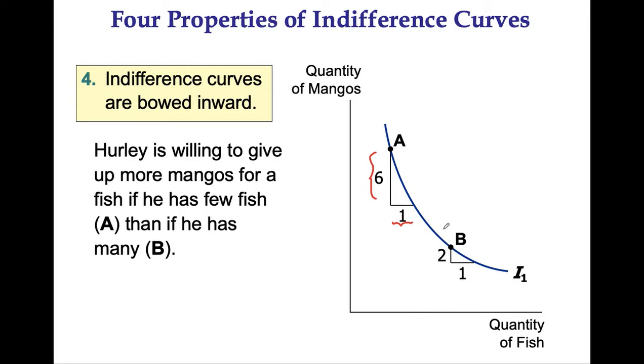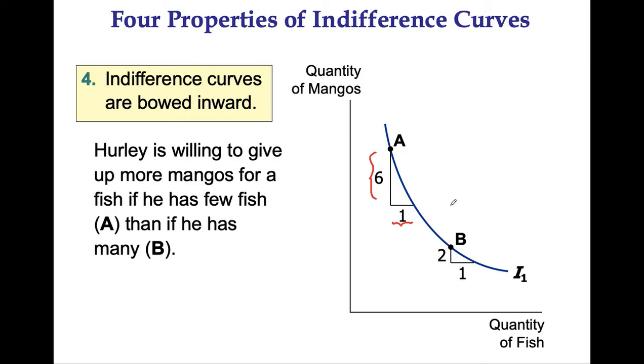However, if he reaches the bundle B, he now has more fish than he had before when he was in A, so he is now less inclined to get more fish because he already has a large quantity of fish.